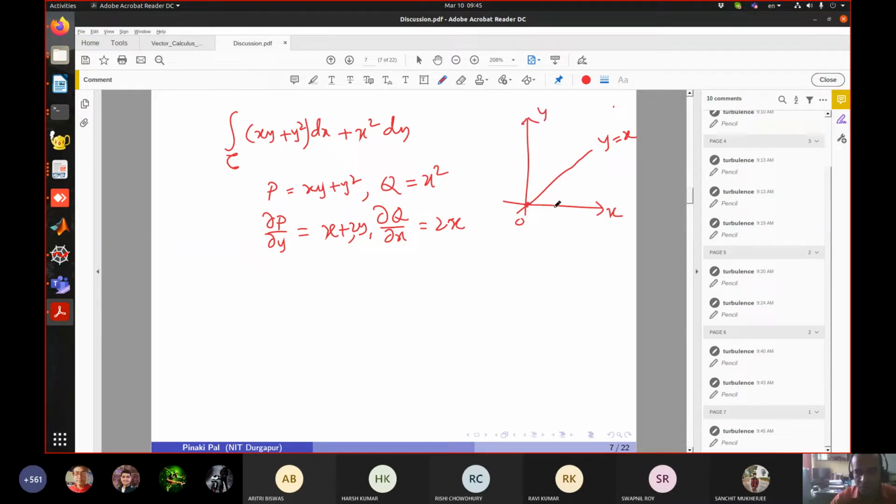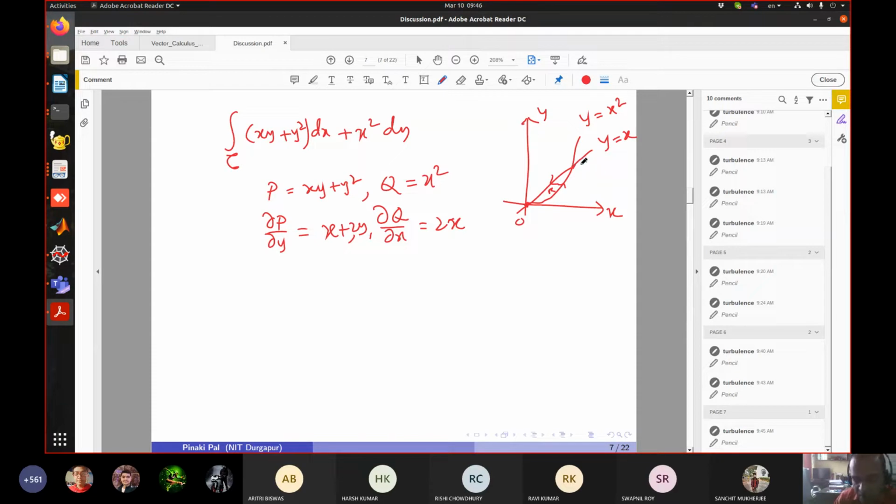For each value of y, we'll have two different x's, symmetric about the y axis, going below the line. We will move in the anticlockwise sense, and this is our region R.